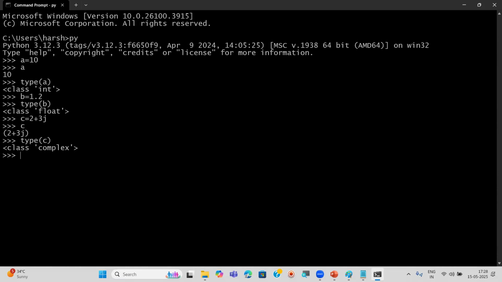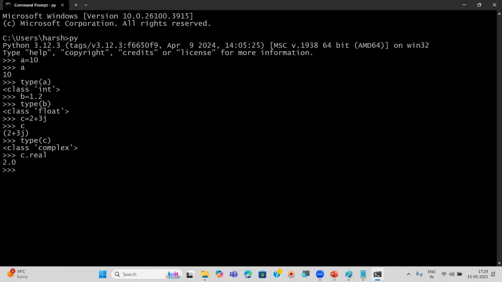You can also extract these. c.real: real is a predefined attribute. Generally, predefined variable names are called attributes in programming languages. So real is one predefined attribute. If I say c.real, it gives 2.0, which is returned in float format by default.